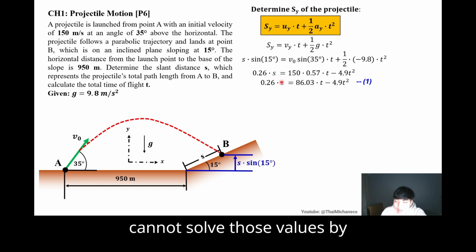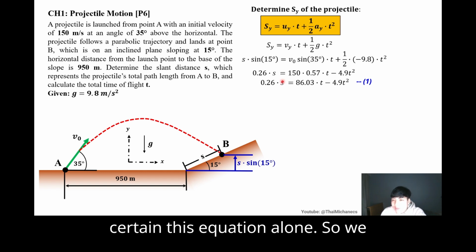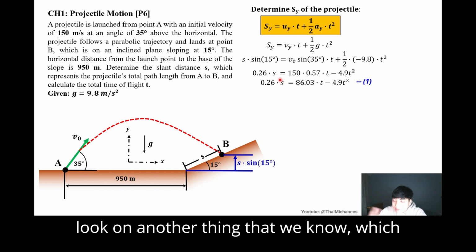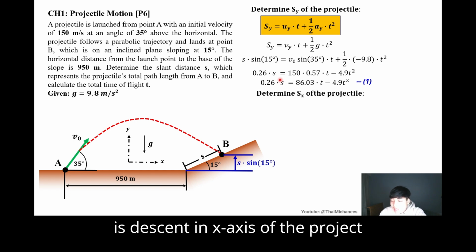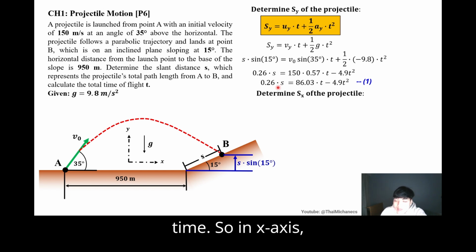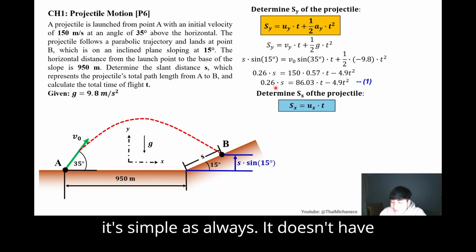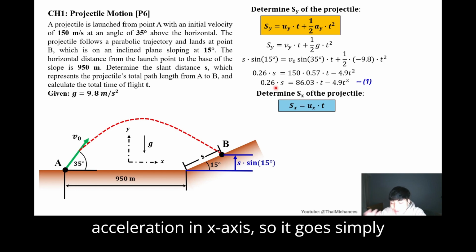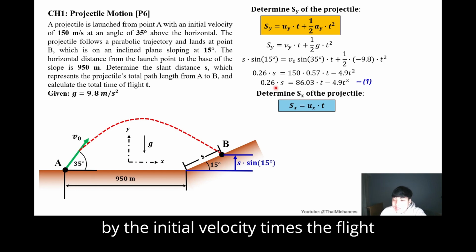Clearly we cannot solve for those values with this equation alone. So we look at another thing that we know, which is the distance in the x-axis of the projectile. In the x-axis, it's simple as always. It doesn't have acceleration in the x-axis, so it goes simply by the initial velocity times the flight time.